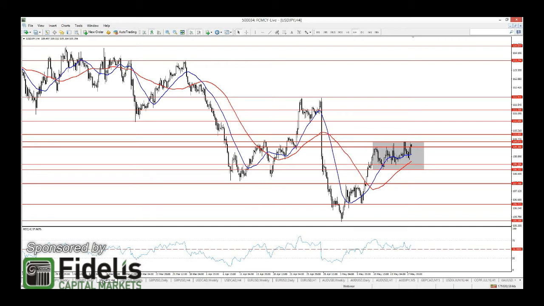The reason is that the faster growth data is reducing the chances for further Bank of Japan stimulus, and this is actually increasing the demand for the Japanese yen. However, the higher growth supports risk appetite, and higher risk appetite takes away demand from the Japanese yen. So we have conflicting fundamental conclusions from the higher GDP data. So fundamentals are also mixed.